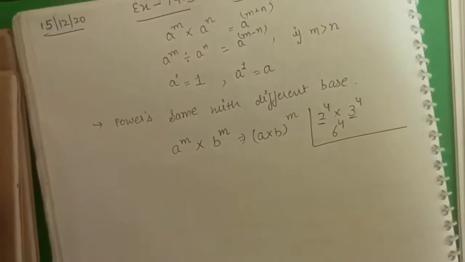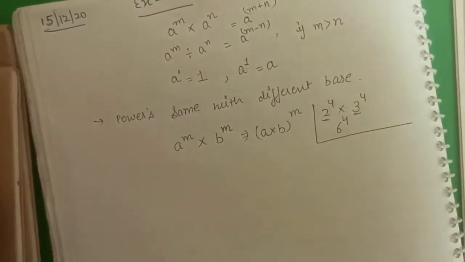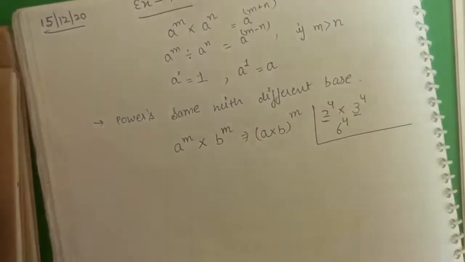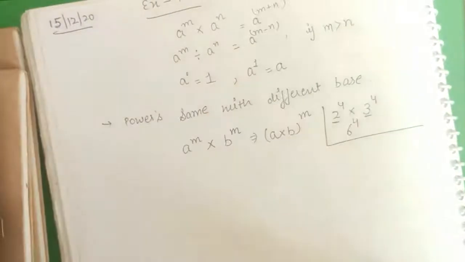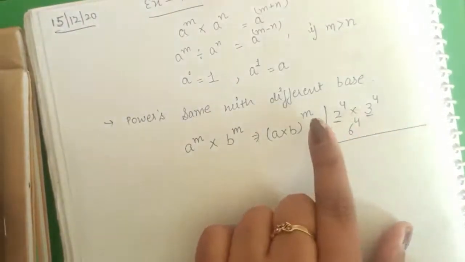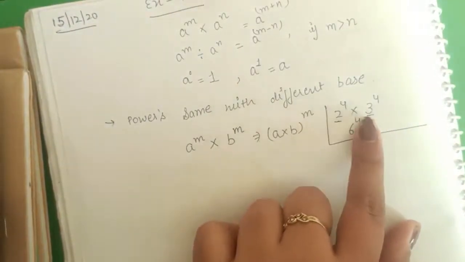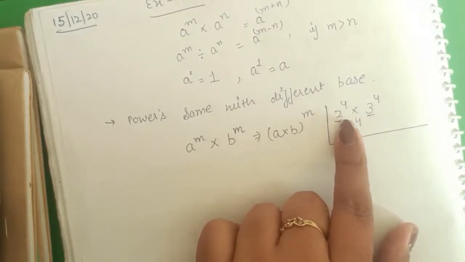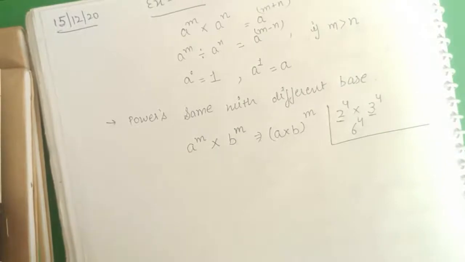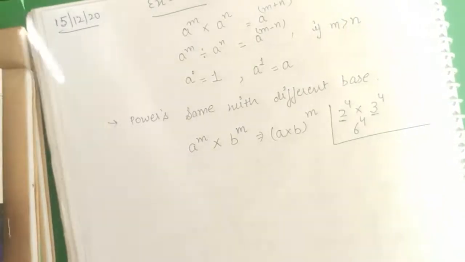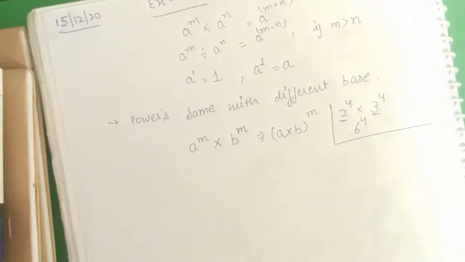So when the power is same and base is different, at that time what you will do? Power will remain the same and we will multiply the base. Like here 2 3s are 6, power is 4. Clear this one?